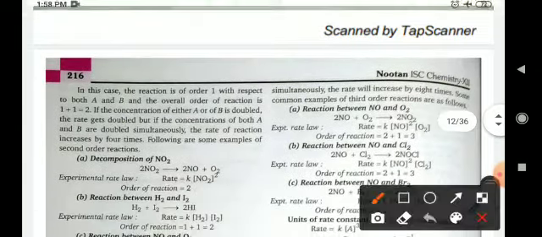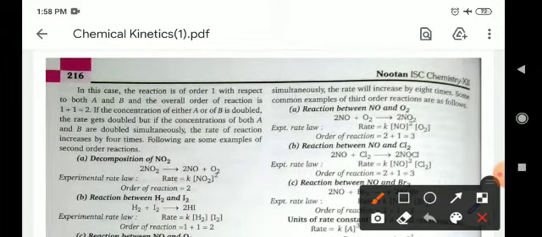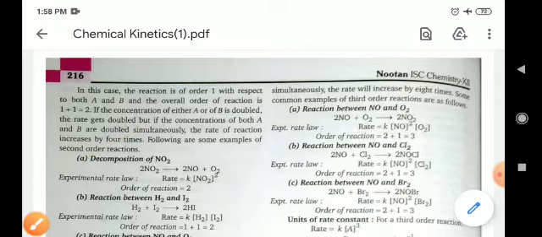In this case the reaction is of first order with respect to A and B, and the overall order of the reaction will be 2. There are also some other examples. 2NO2 gives NO plus O2, so rate equals k [NO2]^2. Another example, H2 plus I2, will also be of second order.